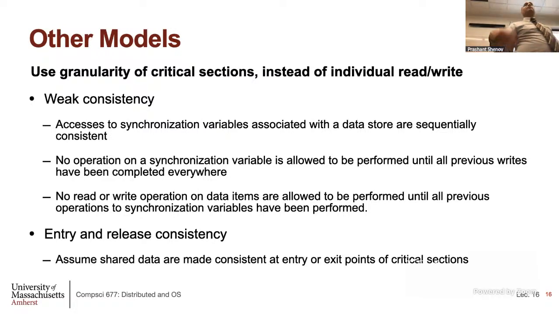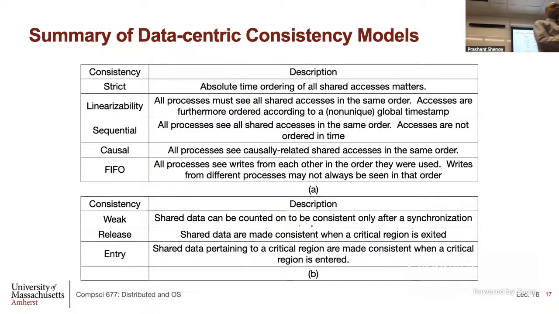So that actually simplifies how often you have to implement consistency and send updates and so on. It's one step weaker than doing this for each read and write operation. As you will see, there is a sequence of these things. You don't have to know every single detail about all of these, but we started with strict.